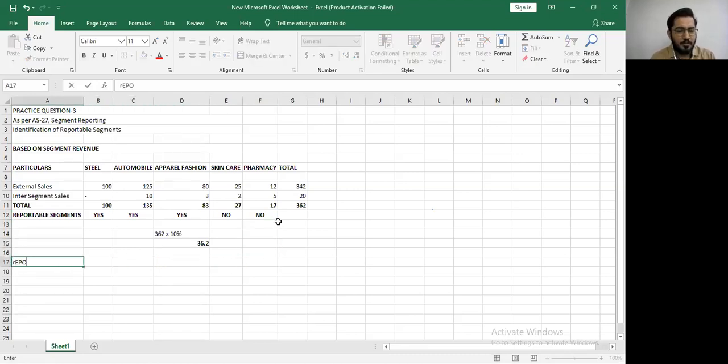Fine. So reportable segments are as per revenue. Which are your reportable segments as per revenue?